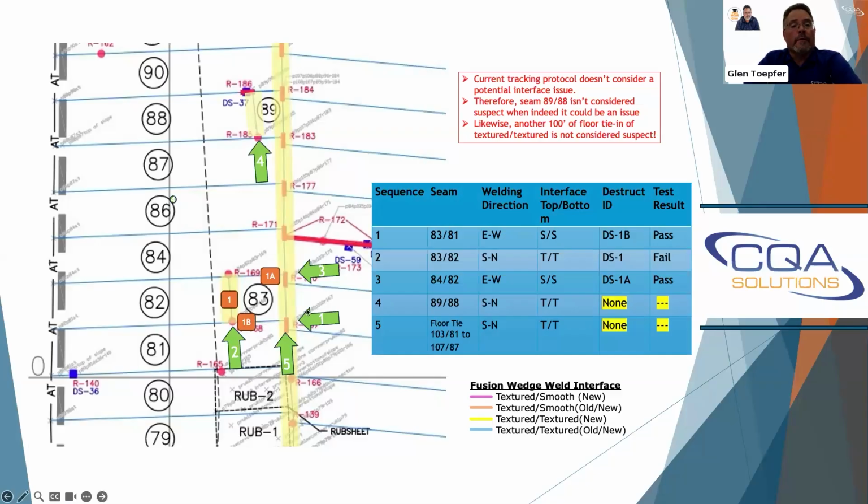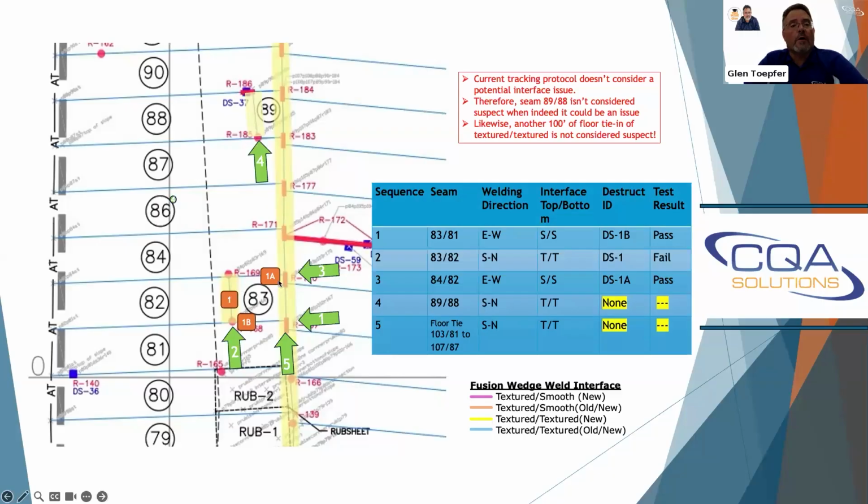So this order here, they welded 1, 2, 3, 4, 5, and you can see the different interfaces. So say I came along and put a destruct number 1 on 83, 82 here. Now that's a textured butt seam there. Well, if we track it by conventional recommendations here, standard protocol is going to say we go to the seam welded after and the seam welded before, provided that whole seam fails.